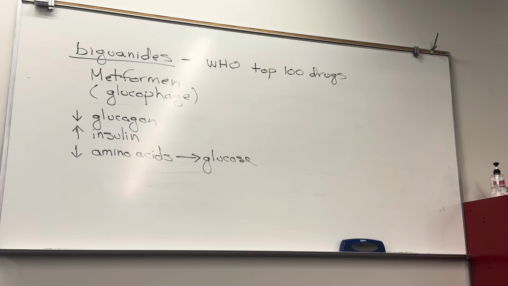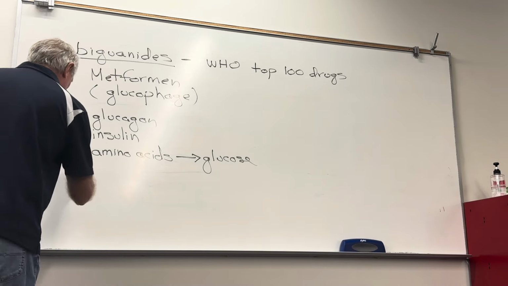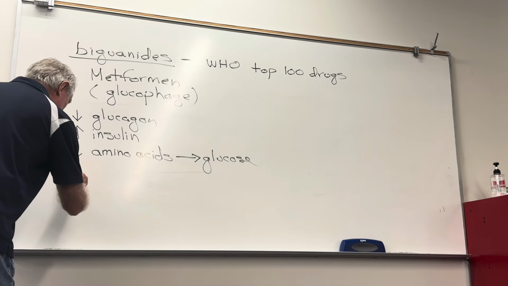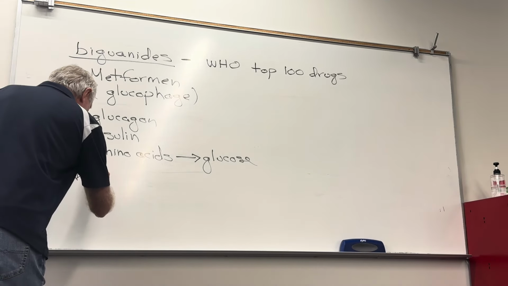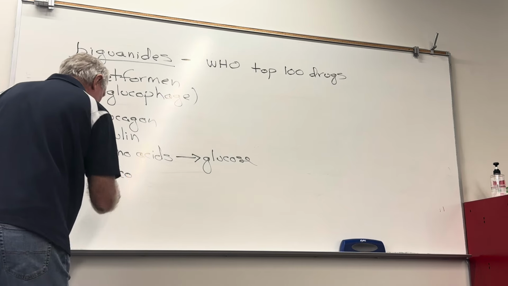The other thing I need to mention here is that within the liver, remember the liver is where we're storing glucose in the form of glycogen. So metformin decreases glycogenolysis.